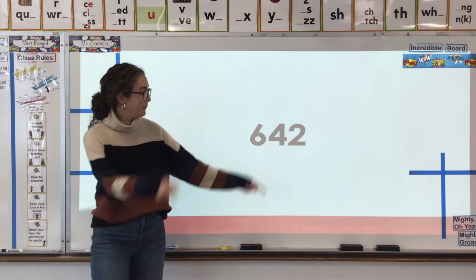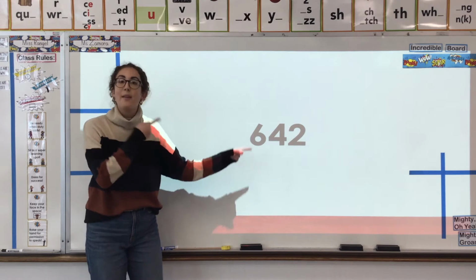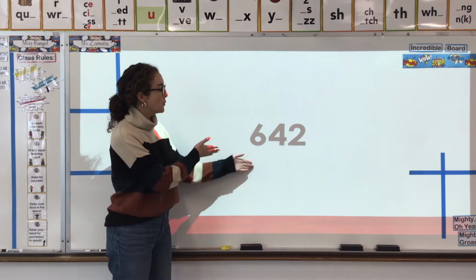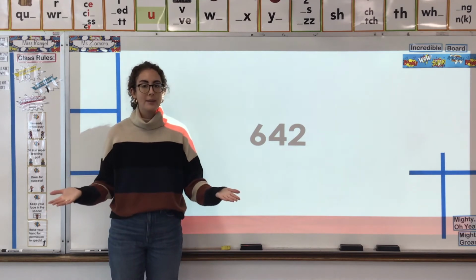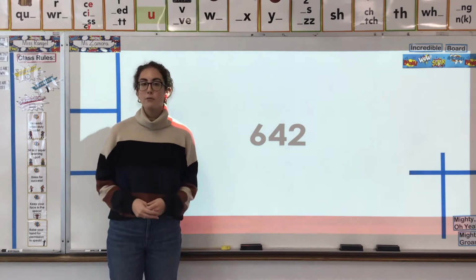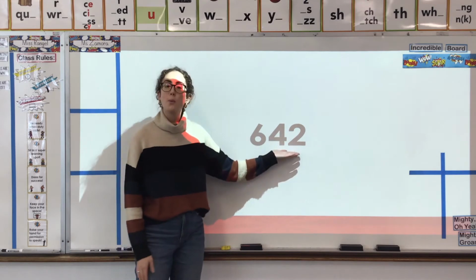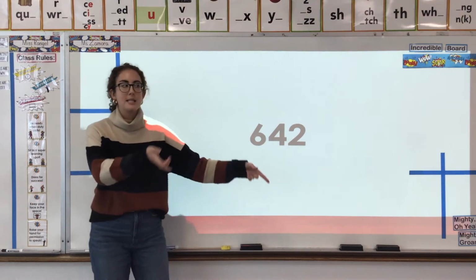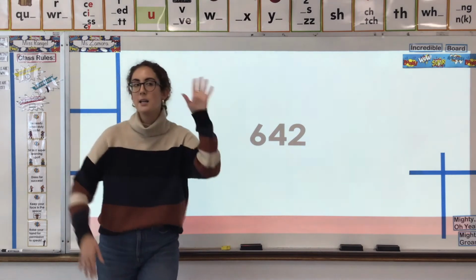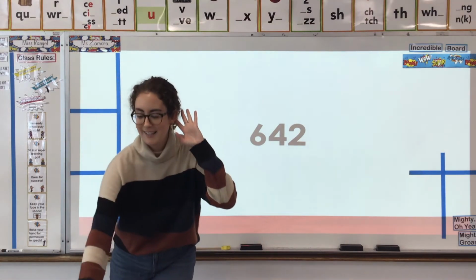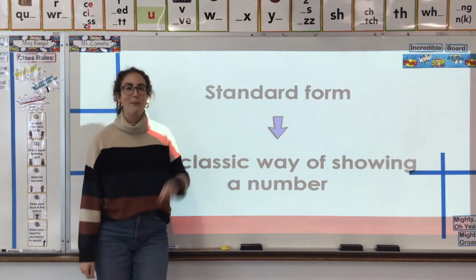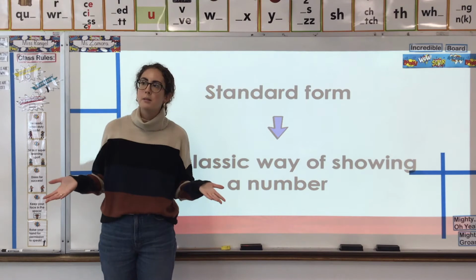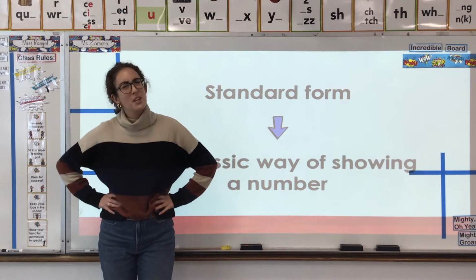And when we write numbers with just digits, that's something that's the most common. It's often done. So we call it standard form. It's the standard way of writing a number, just with digits. So, we already know that. What's this form called? What do we just call it? Standard form, exactly.